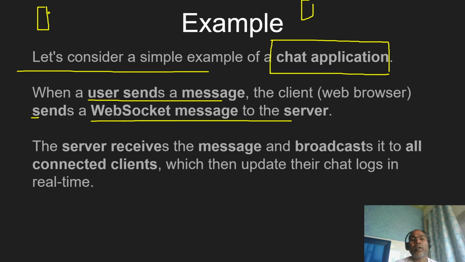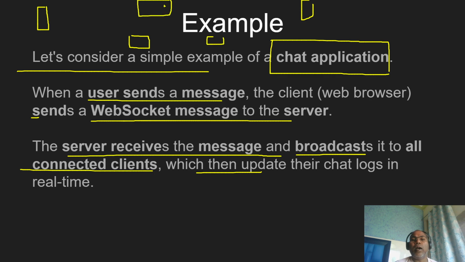The communication here is not directly between clients. The server receives the message and broadcasts it to all connected clients, so the real-time data is updated. Let's say multiple devices are connected, all through WebSocket connections. If a user sends one message, the server pushes it to every other device, so that a particular message sent by A can be received by B, C, and D, because our server is responsible for the delivery.